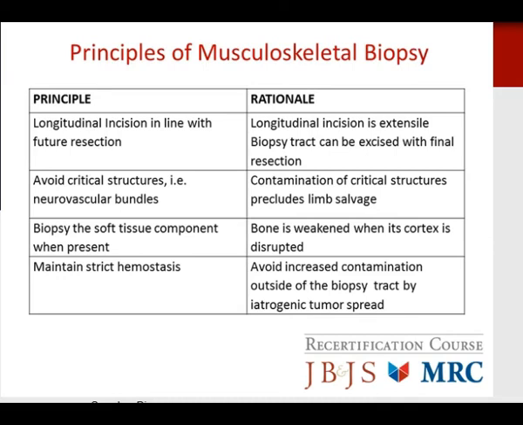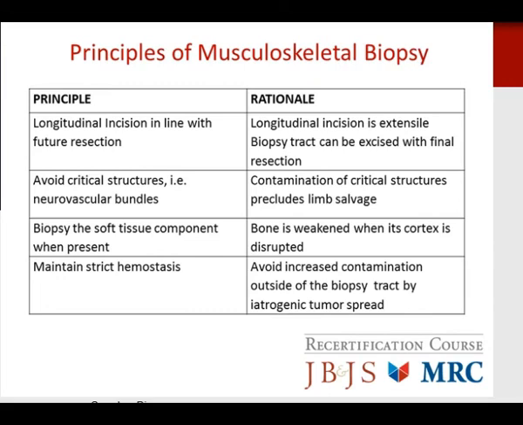You want to avoid critical structures, so you really need to pay attention to the anatomy and think about when a biopsy occurs, what's going to be removed when that biopsy happens. So I draw out my entire surgical incision for the future. I draw out where my biopsy is going to be. I draw out what the excision of that biopsy tract is going to be to make sure that I'm not going to affect anything important.